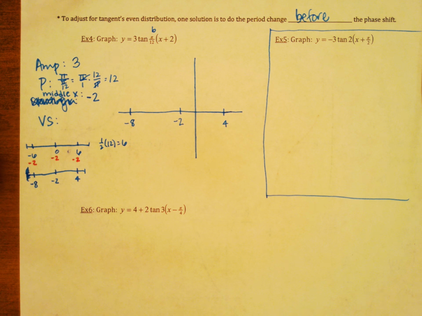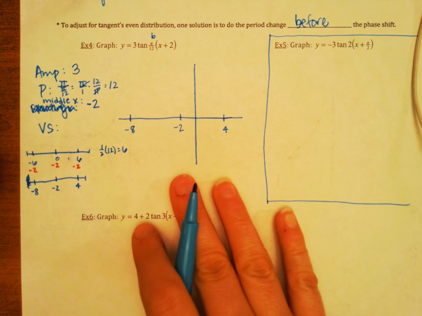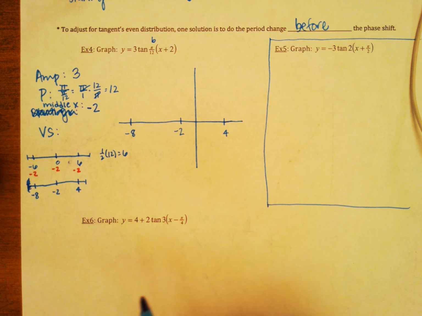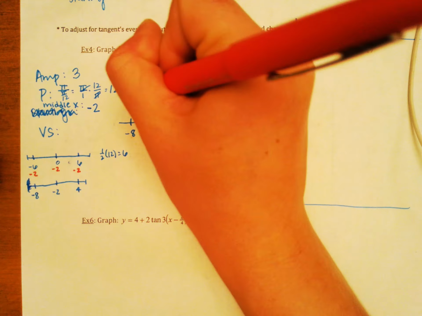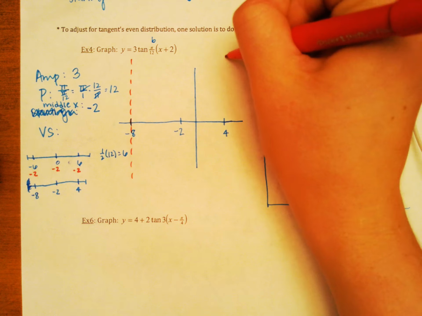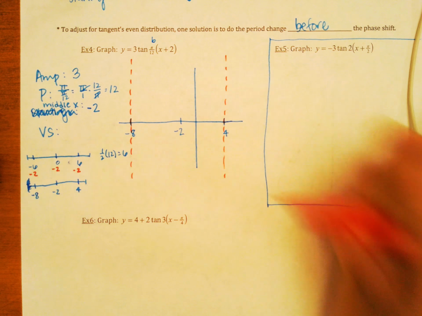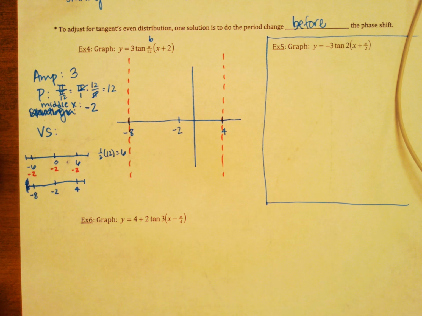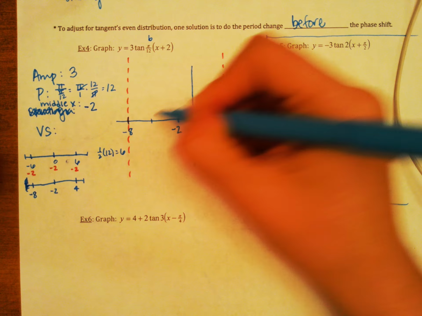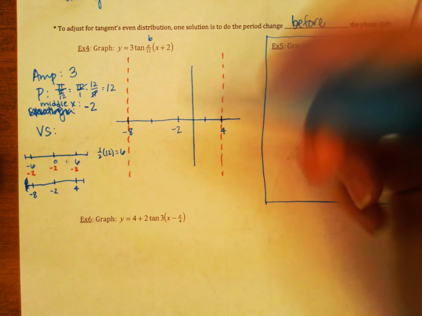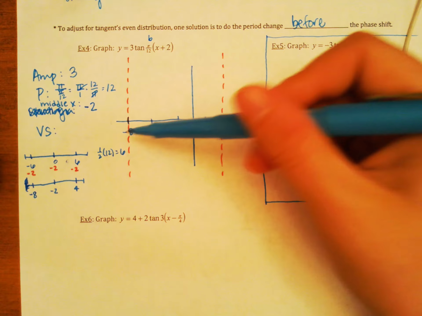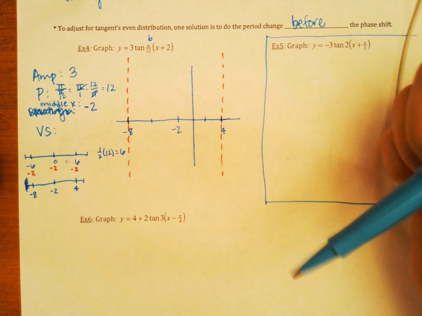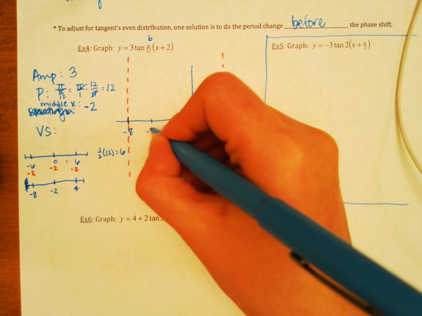So here we go. Let's do some math. Here's my new x-axis. Just like cotangent again, we have our asymptotes at -8 and +4. Now our first and our last, and we can find the averages between our critical values to come up with our second and our fourth. So -8 plus -2 is -10. -10 divided by 2 is -5.